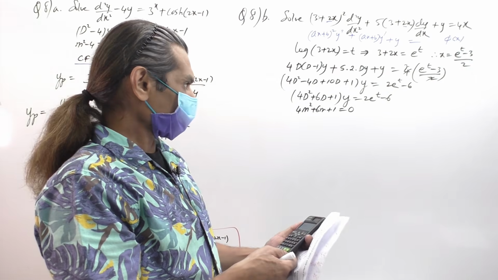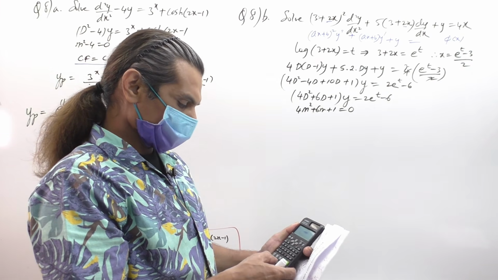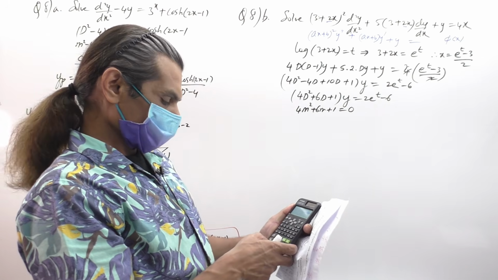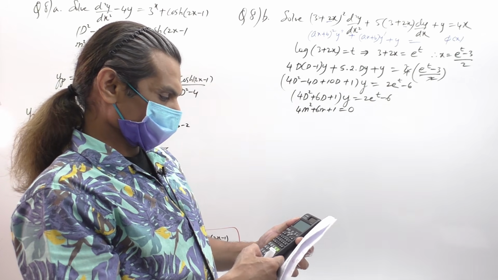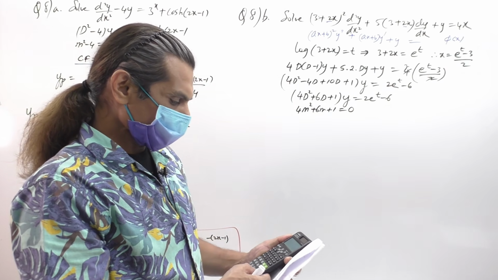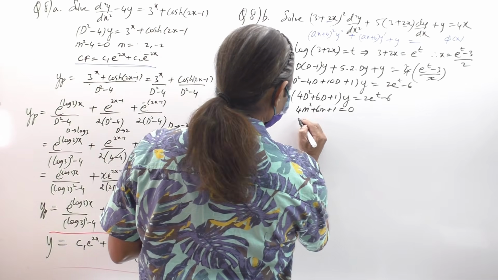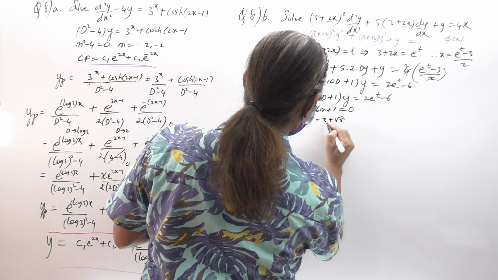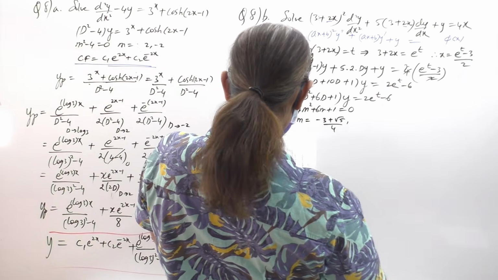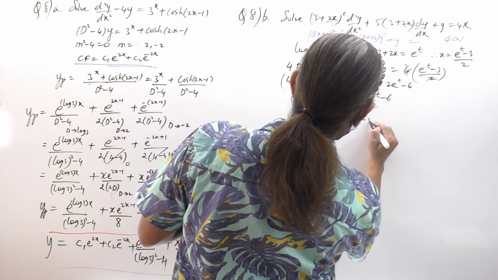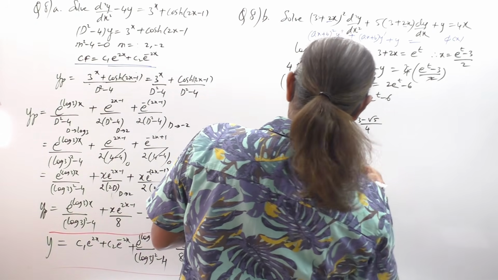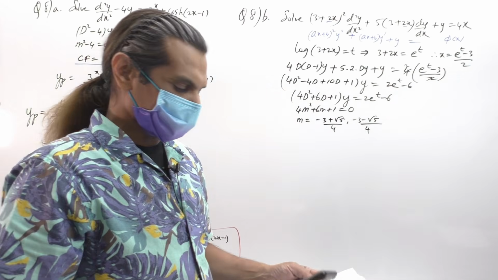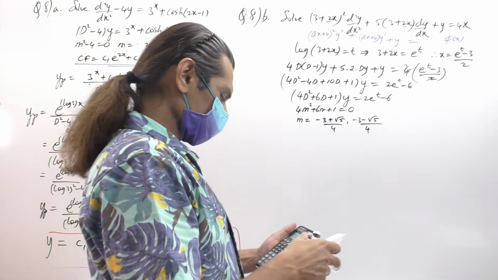We have 4, 6, 1. We get m equal to roots minus 3 plus root 5 by 4 and minus 3 minus root 5 by 4. See, there is no iota here. People mistake this for iota, but this is plain numeric.